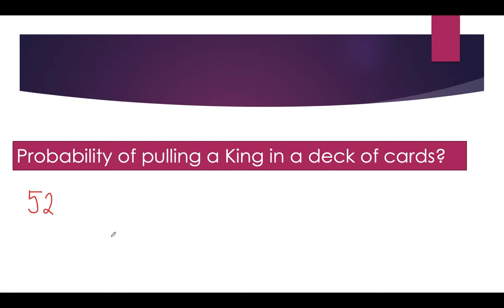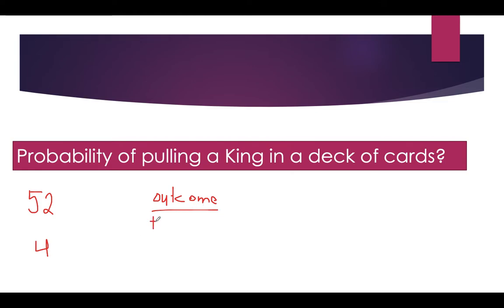Of those 52 cards, I told you that there's 4 suits, and each suit has 1 king, so there are 4 kings. So if I want to talk about the outcome that I'm looking for, and this will be the last time I write this one down because it's kind of a pain trying to write with my laptop here.